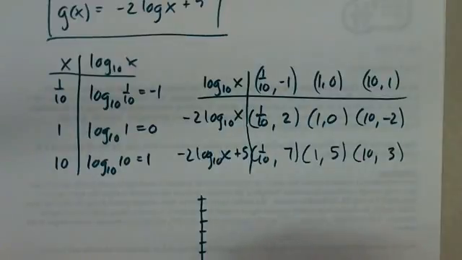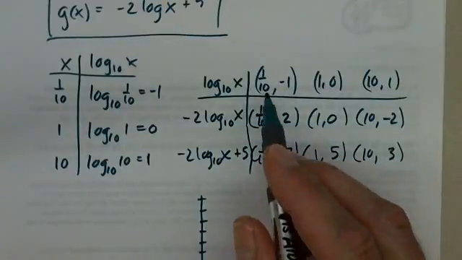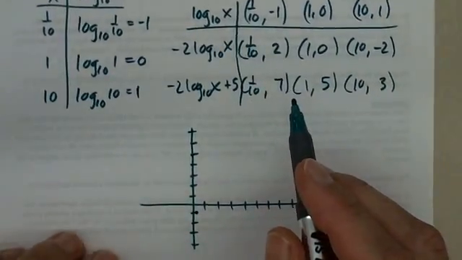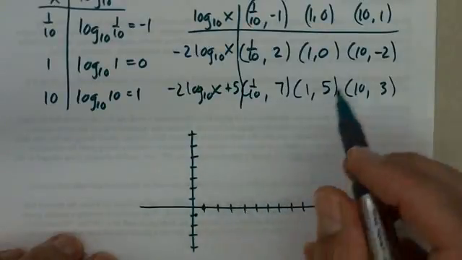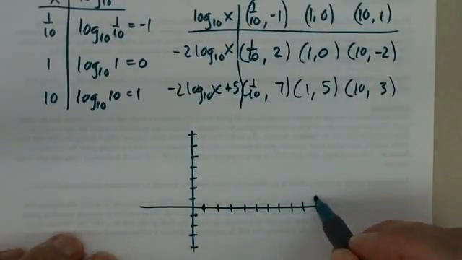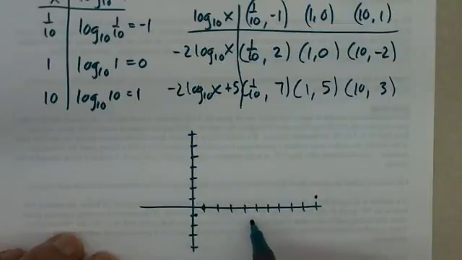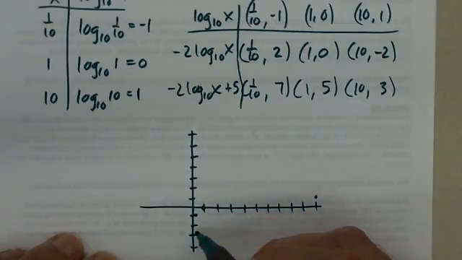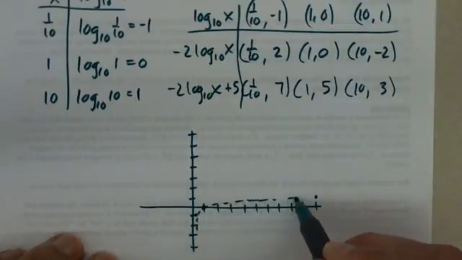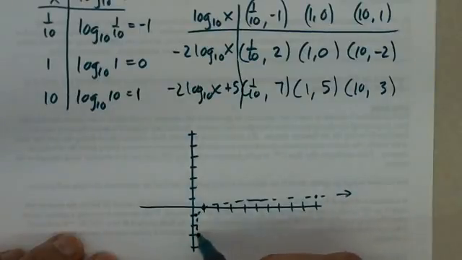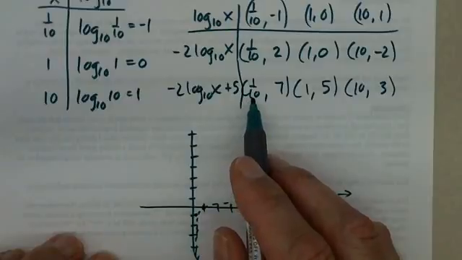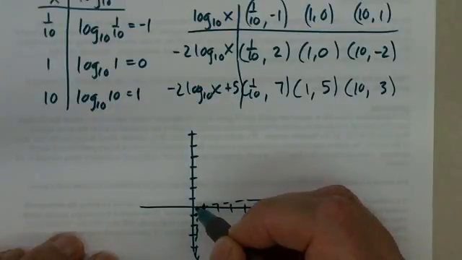The parent function is 1/10, negative 1, 1, 0, and 10, 1. So we know the parent function is like that. Then we're going to graph this at 1/10. We'll go to 7.